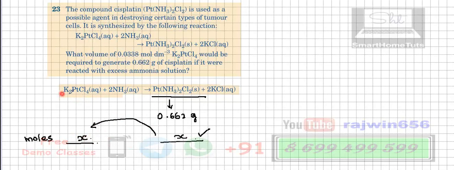Once you get the moles of this, then you are going to use the concentration formula. The concentration formula is moles divided by volume in dm cube. If you bring this volume over here, moles is equal to concentration.